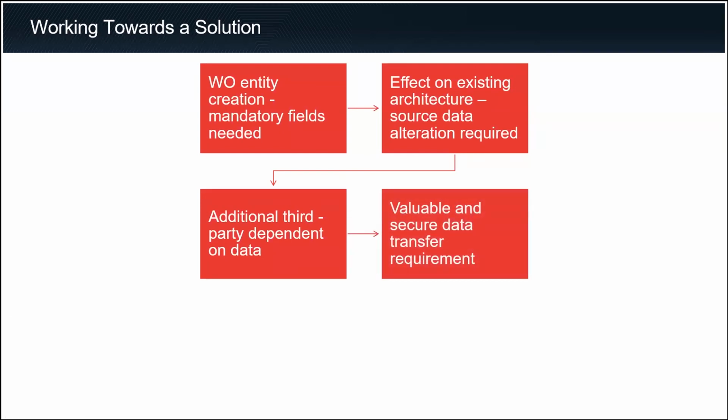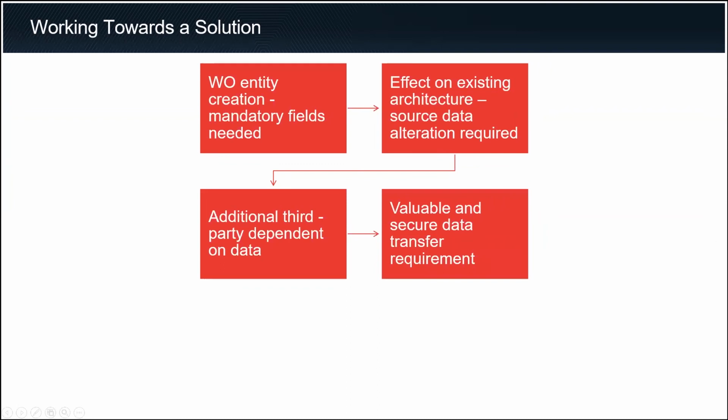Valuable and secure data transfer requirements. Because this was data that relates to production content, manufacturing details, how long it takes for something to be manufactured, and specifically what is needed to manufacture it, there are big security requirements.